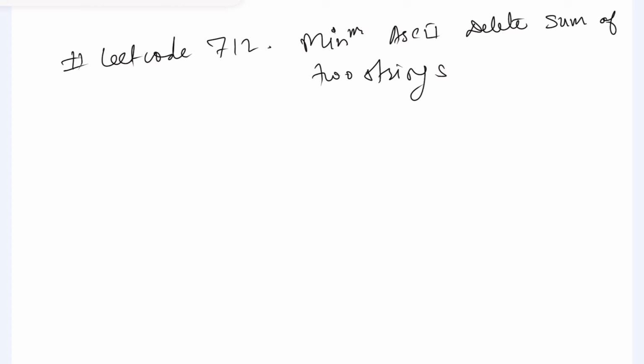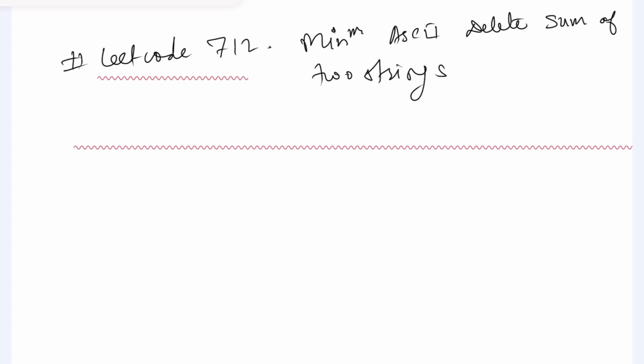So guys, this is the problem statement we have, LeetCode 712, and we have to find the minimum ASCII delete sum of all the characters that we have deleted, and their sum we have to find, from the given two strings.